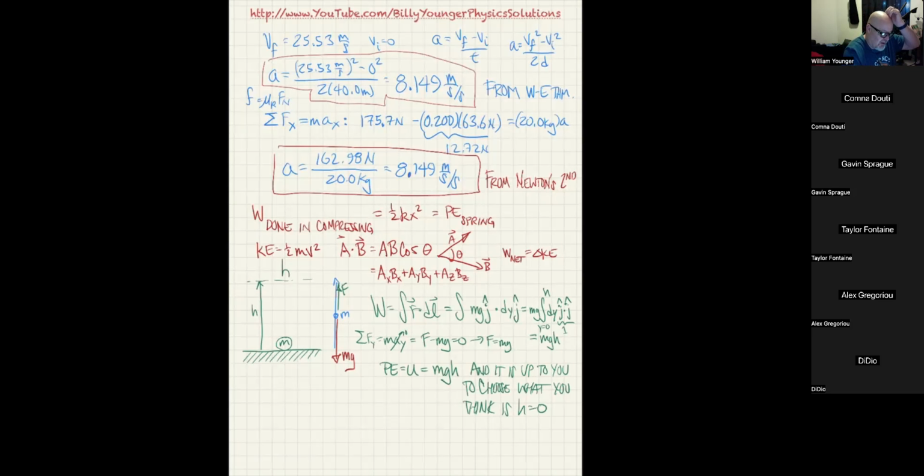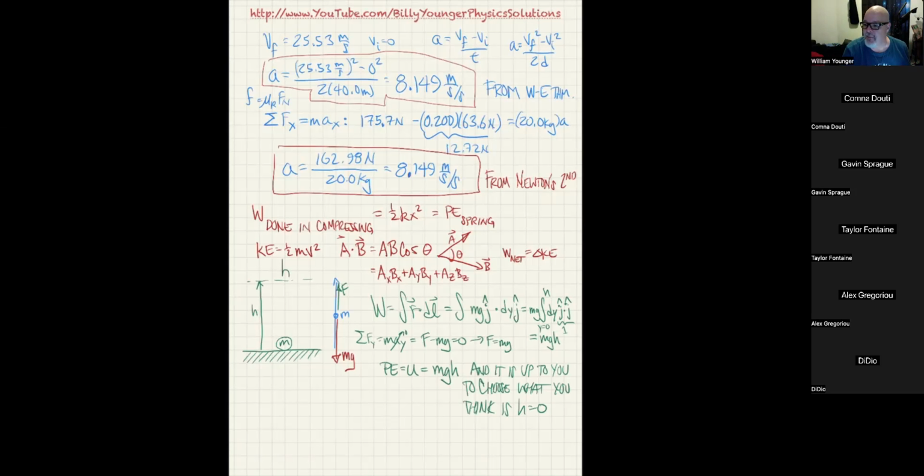Now, you might think, okay, well, that's going to mess everything up, but really it's not, because when I drop the pen, at least in the classroom, it's going to go from mg times 2 meters to mg times 0 meters. And that means the difference, final minus initial, is -2 meters times mg.